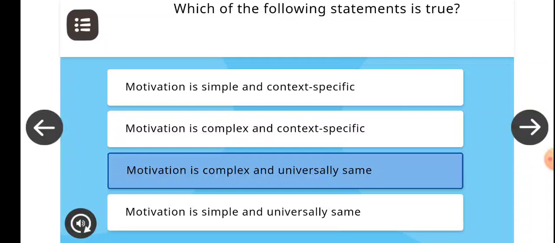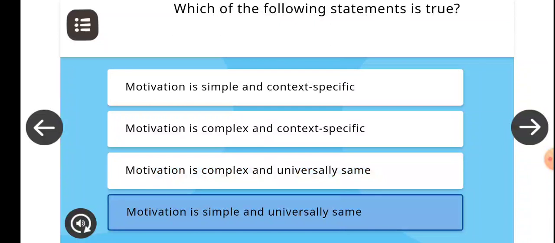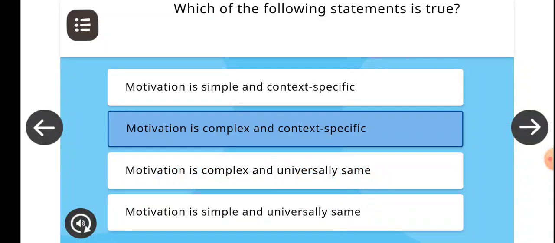For some students we need to focus on 80% of motivation. It's all about individual differences. So motivation isn't the same universally, and the option saying motivation is simple and universal is not the correct answer. Motivation is a complex and context specific thing. So option B is the right answer.